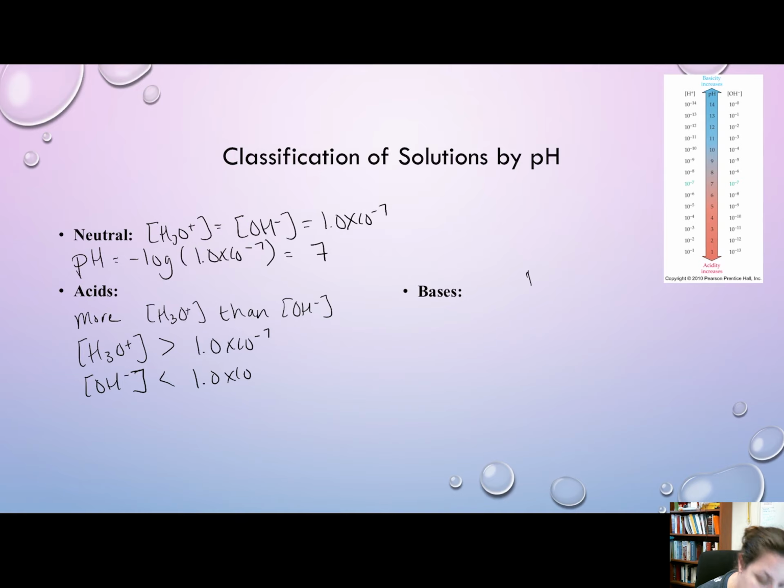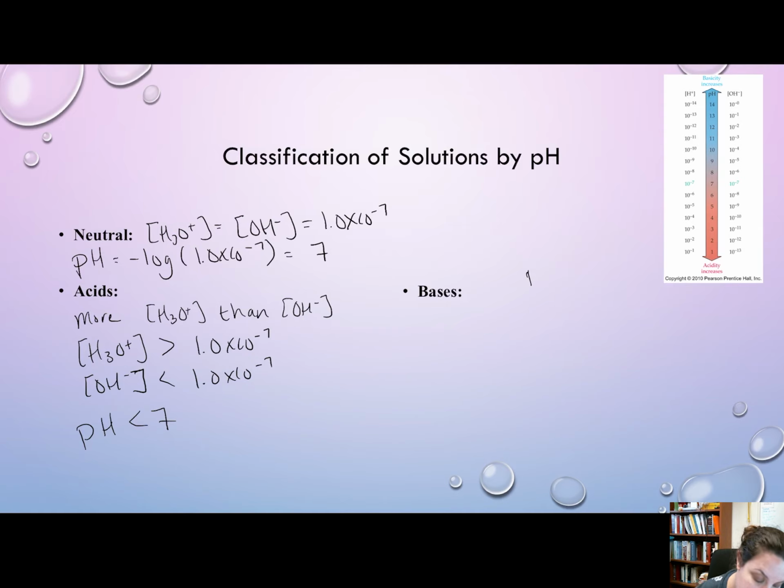They will still multiply to give us 1.0 times 10 to the negative 14, but as we increase our hydronium concentration, due to Le Chatelier's principle we would shift back towards water. So this will decrease our hydroxide concentration. And if we do our pH calculation, since we have greater than 1.0 times 10 to the negative 7, we have a pH that is less than 7.